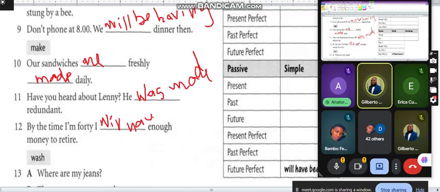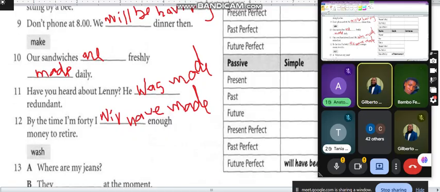The time marker "at the moment" signals an action in progress now, which takes the present continuous. Combining both gives us the present continuous passive. So to me, the answer is: are being washed. Okay, can you say it again? At least the last part.